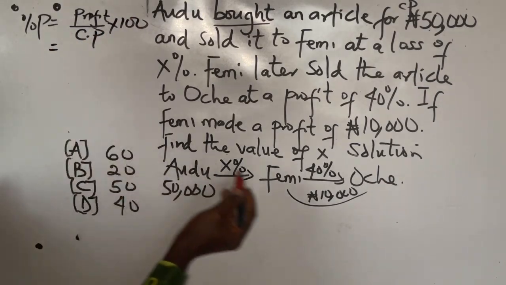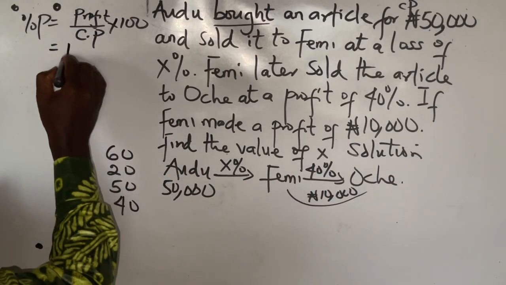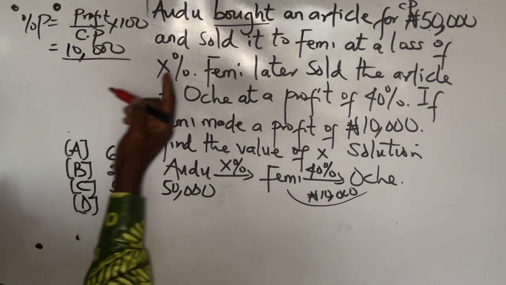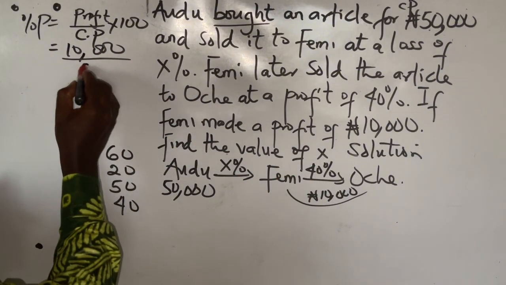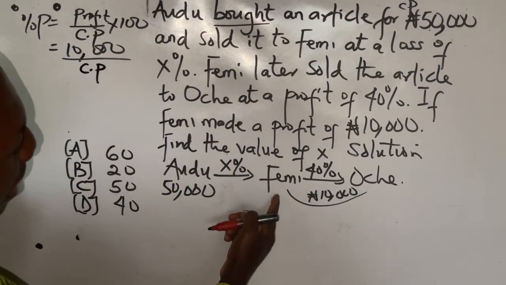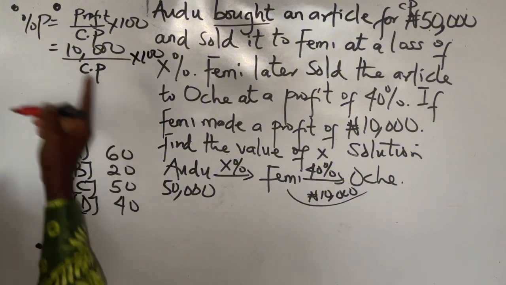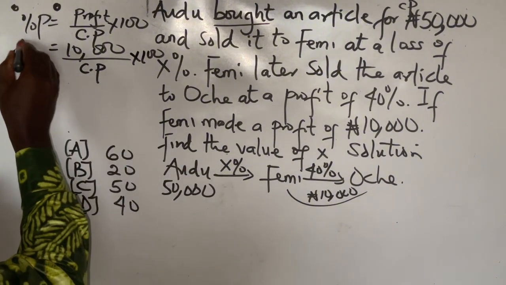Our profit is 10,000 naira. The cost price is not given in the problem when Femi was selling to Oshe, but the percentage profit is 40.